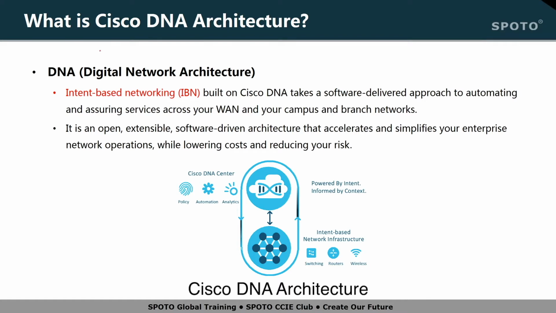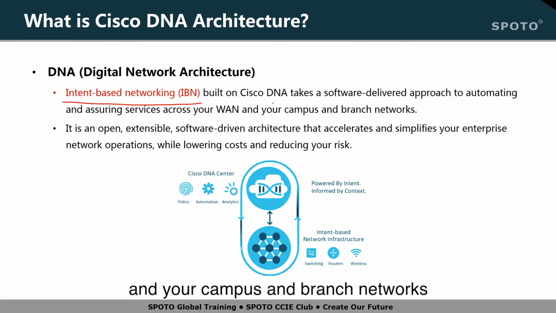Cisco DNA architecture. This is Cisco's way to deliver the SDN. It is intent-based networking, built on Cisco DNA, takes a software-delivered approach to automating and assuring service across your WAN and your campus and branch networks.